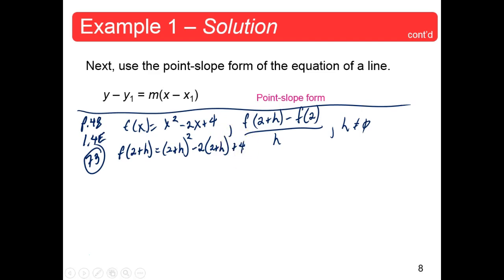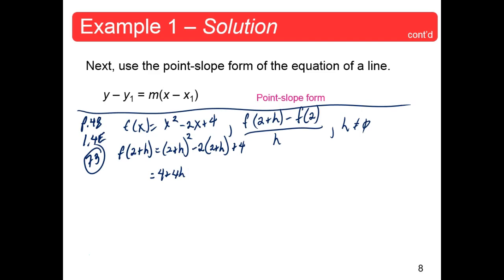Let's figure out what that is. What's 2 plus h squared? Okay. 4 plus 4h. Now, why is that?